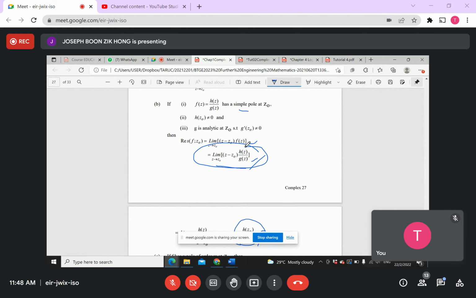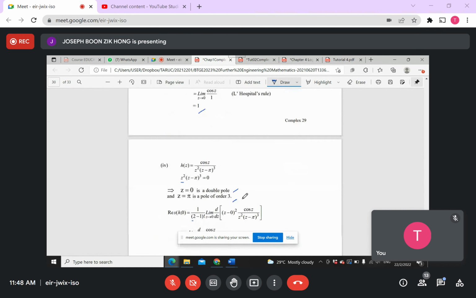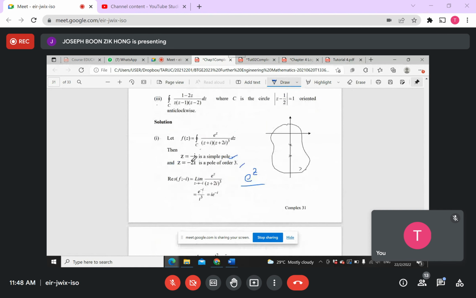Sometimes this one will be much easier: z minus z naught times h(z) divided by g(z). For here, because it's negative i, z minus z naught becomes z plus i, and then times this one, this one and this one will cancel. So you only have this part left, and then you put in negative i, and you will get your answer.